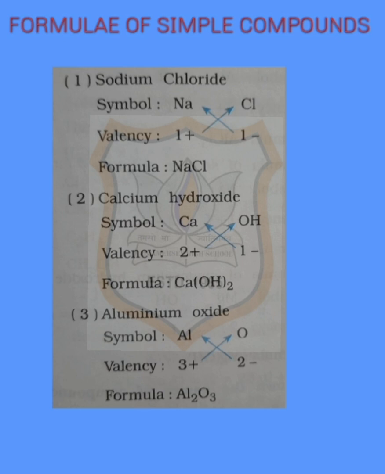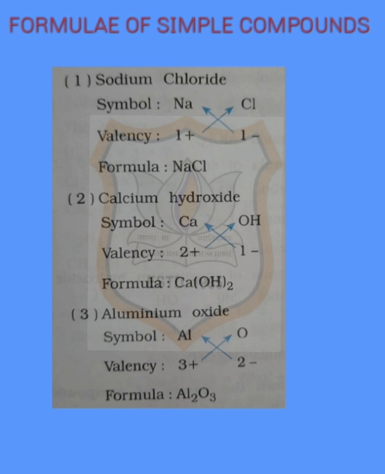Then we must cross over the valencies of the combining atoms. Let us start with sodium chloride. Here we write the symbols Na and Cl. Na has +1 charge while chlorine has -1 charge. Both will cross over, and both the 1 valencies will combine to make a strong complete bond, and hence we write NaCl.